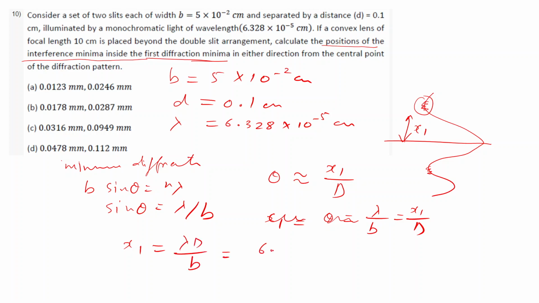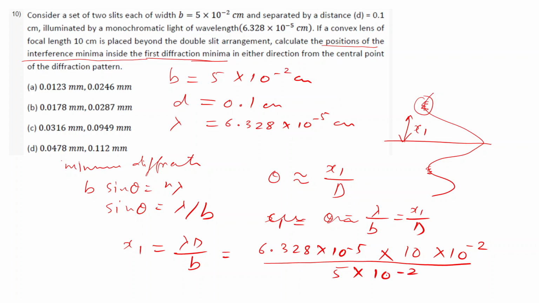Lambda is 6.328 times 10 to the power minus 5. D is the 10 centimeter, meaning 10 times 10 to the power minus 2 meters, divided by B. B is 5 times 10 to the power minus 2 centimeters.